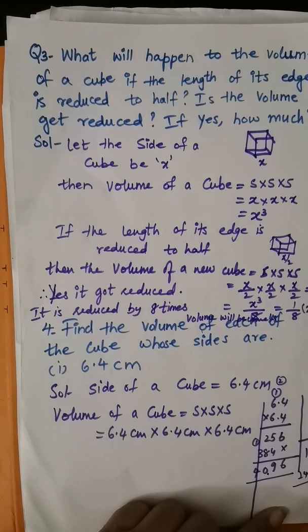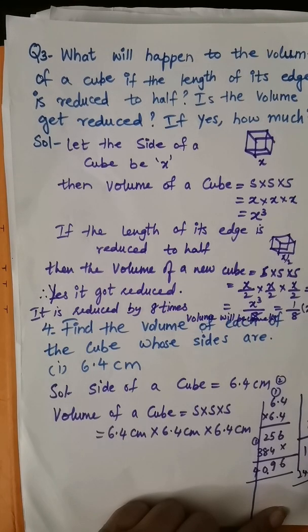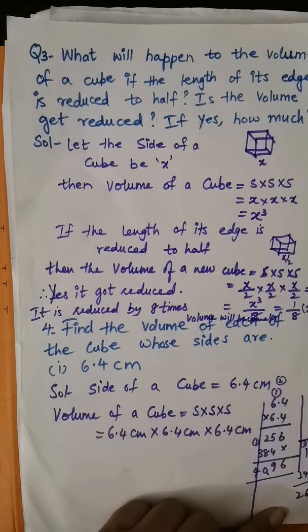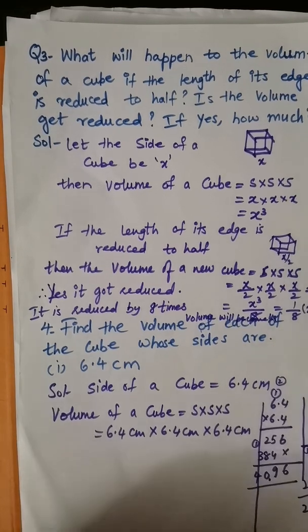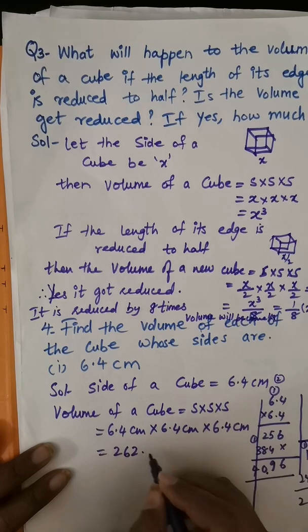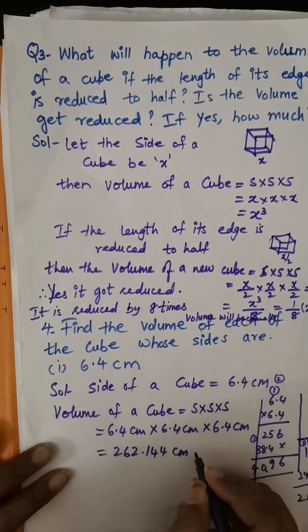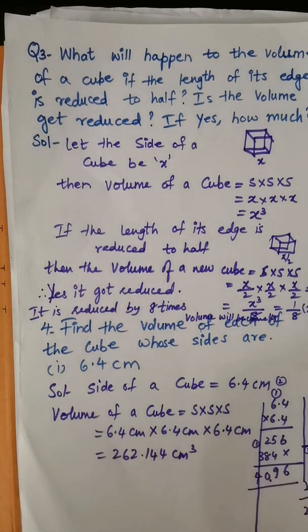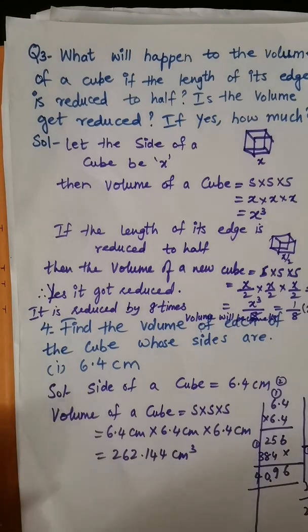So 4, this will become 14, 11, 12, 6, 2. 1, 2, 3 numbers after the dot. So it will be 262.144 centimeter cube will be the answer.